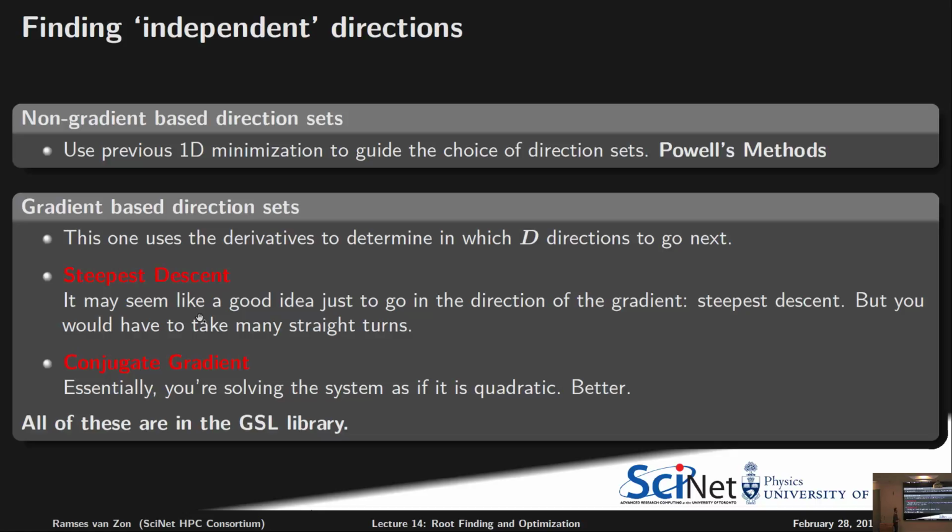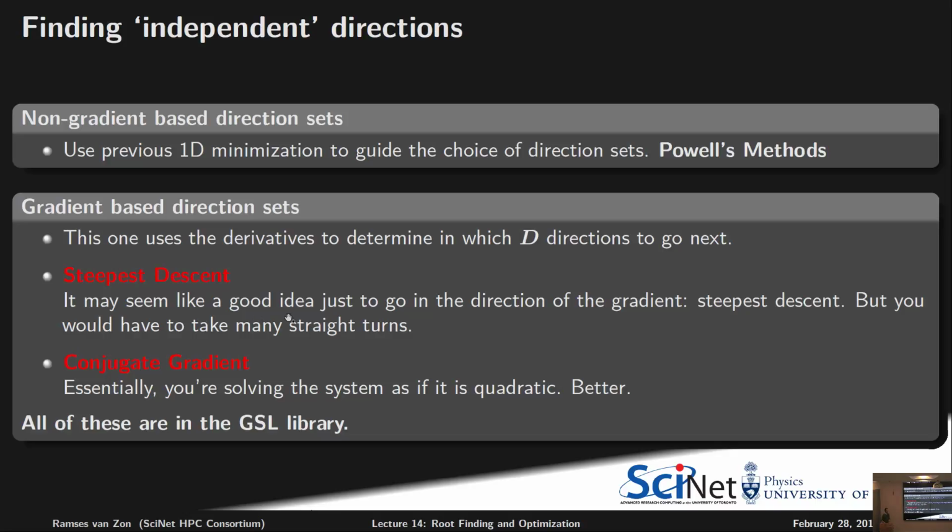And the conjugate here is kind of a fancy way of saying the subsequent steps are not undoing the work of previous steps. And so you need some properties between the subsequent directions for that to happen. And that's all I'll say about this, because I don't want to get into it too much.